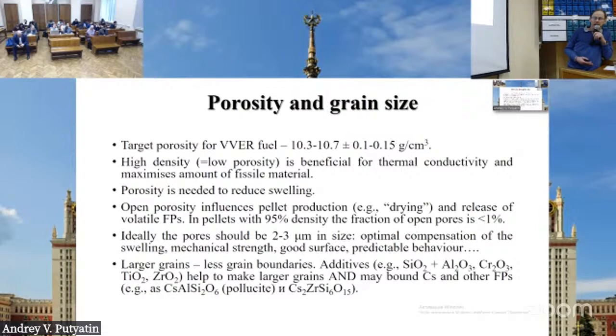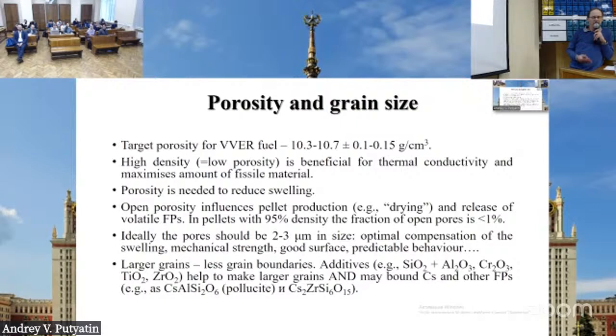Another important factor, both for production of fuel and for fuel in operation, is that we need relatively large grains of uranium dioxide. First of all, when we have large grains, we have fewer grain boundaries, and grain boundaries of course give some porosity, they accumulate defects and so on.